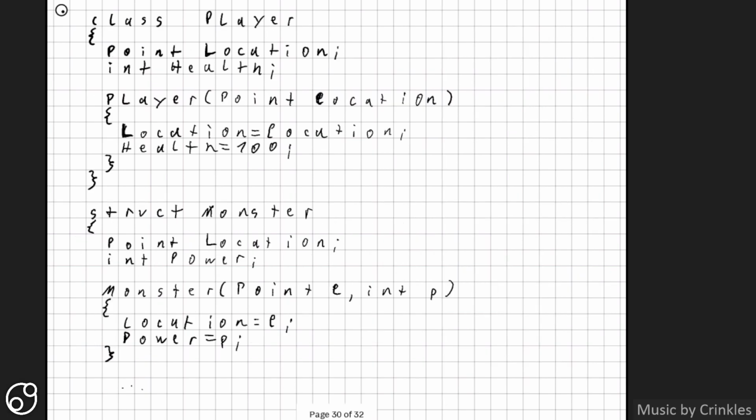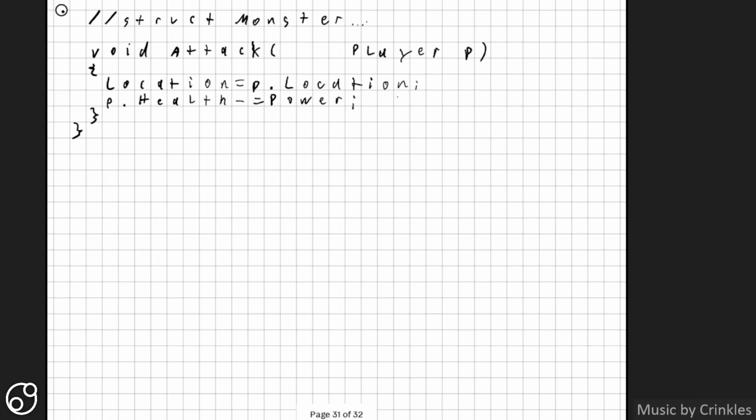And that means, finally, this location here and this location here is both not directly a value, but just an address to somewhere else in memory. So when I copy player.location into monster.location, what I'm copying over here, what I'm assigning to this variable is the address in memory, the reference, not the actual data.